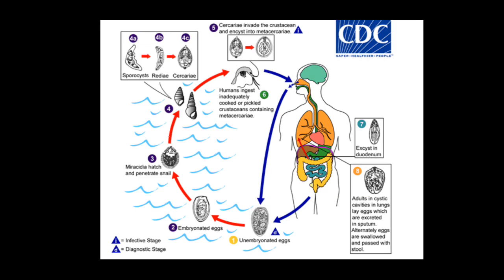Coming to this life cycle diagram, this is from a CDC website. It starts from here. Stage 1, unembryonated eggs. So unembryonated eggs are passed in the stool of the person or in the sputum of the person who is infected, and this is the diagnostic stage.